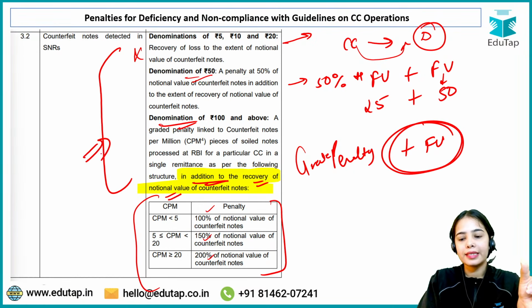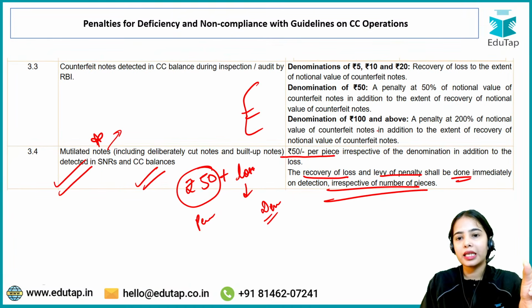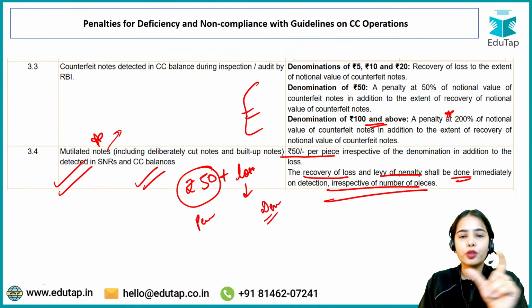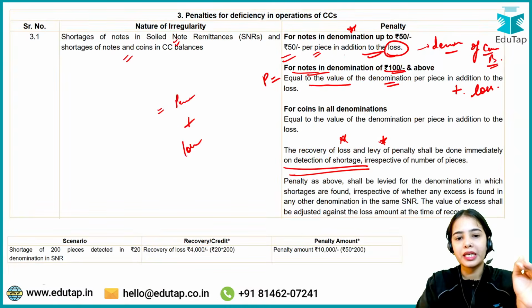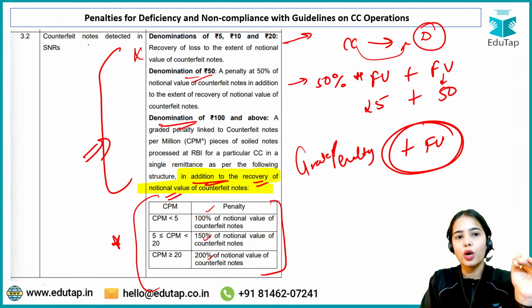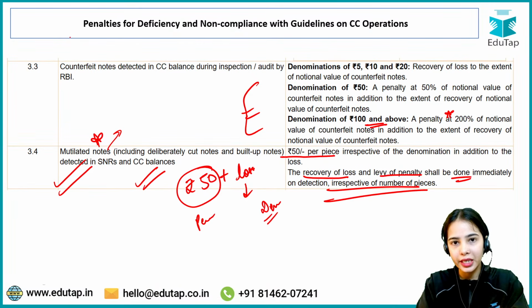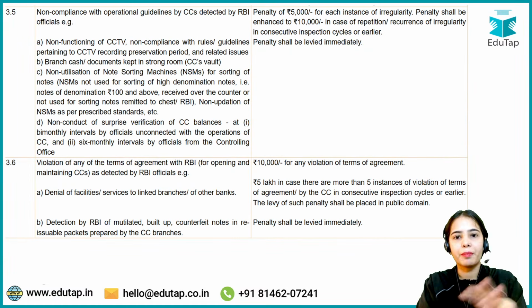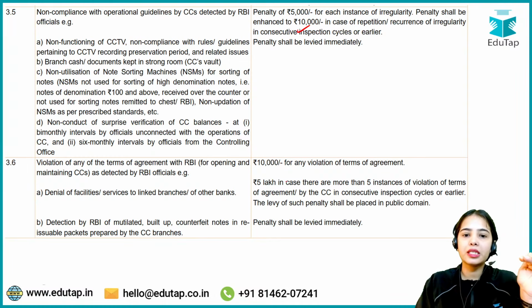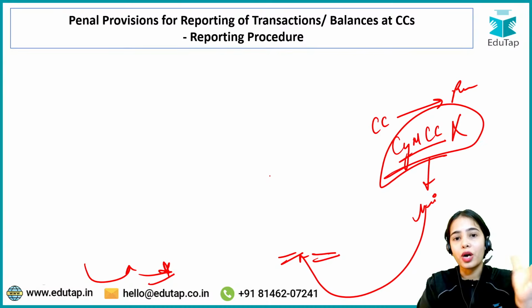This is the same as this one, just for 100 and above. Here the penalty is 200%, this is flat, but here there is a graded penalty. So counterfeit notes detected in soiled note remittances and counterfeit notes detected in currency chest balance are mostly the same. Mutilated notes, flat 50 rupees penalty plus the loss that has happened. So here 10,000 rupees, 10,000 rupees, 5,000 rupees. So these are the important data that you have to remember.